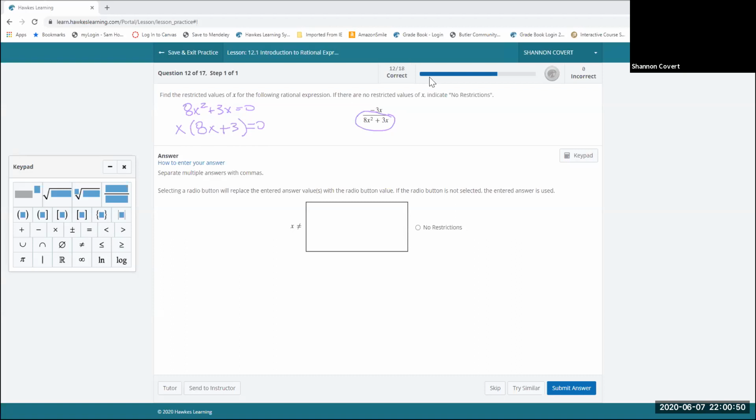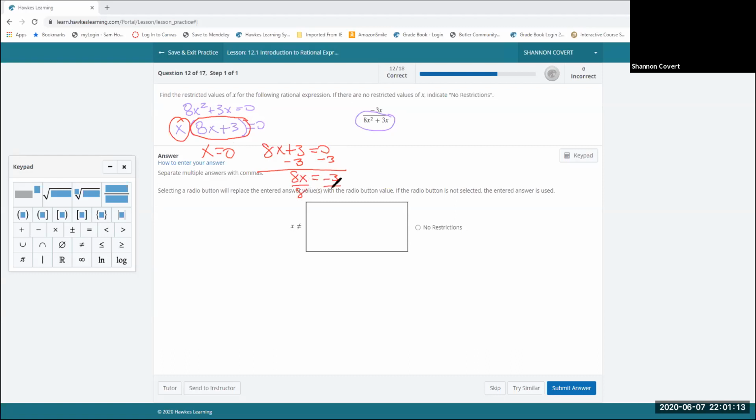My very first factor is x. That's what I'm going to set equal to 0. No solving necessary there. My second factor is 8x plus 3. I will set that one equal to 0. I do have to do a little bit of math here. Subtract 3 from both sides. Leaves me with 8x equals negative 3.